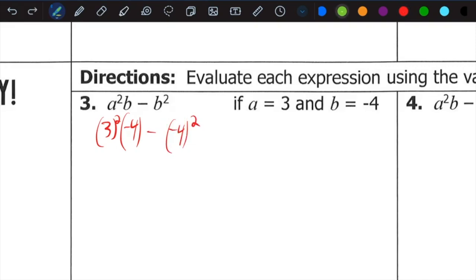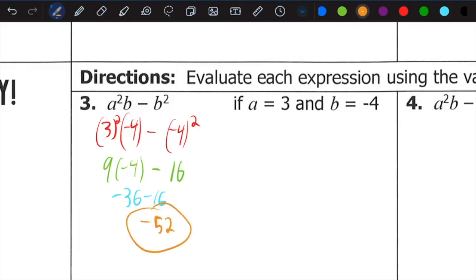Once again, important to note the -4 is inside the parentheses, so that'll affect when we square it. 3 squared is 9 times -4, minus -4 times -4 is a +16, so there's only one minus sign left between the two rather than 2 minus signs creating a positive. Multiplying gives us -36 minus 16, and combining those two negatives gives us -52, a bigger negative.